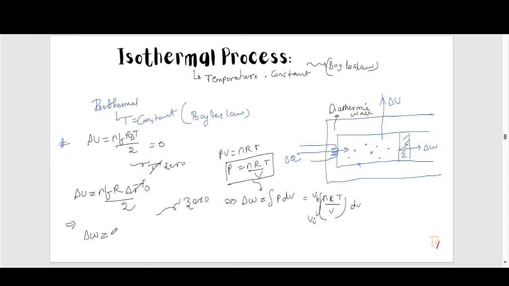Del W equals nRT naught, it is a constant, so we can take it out, integral of dV upon V from V initial to V final. The integral of 1 by V is ln of V, so it equals nRT naught ln of V final by V initial.